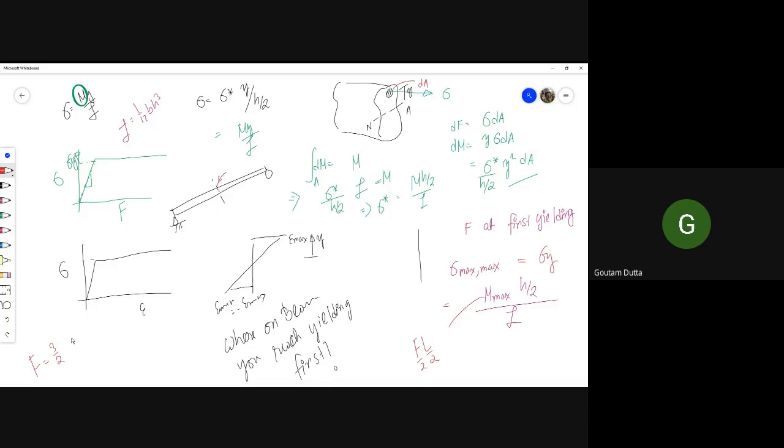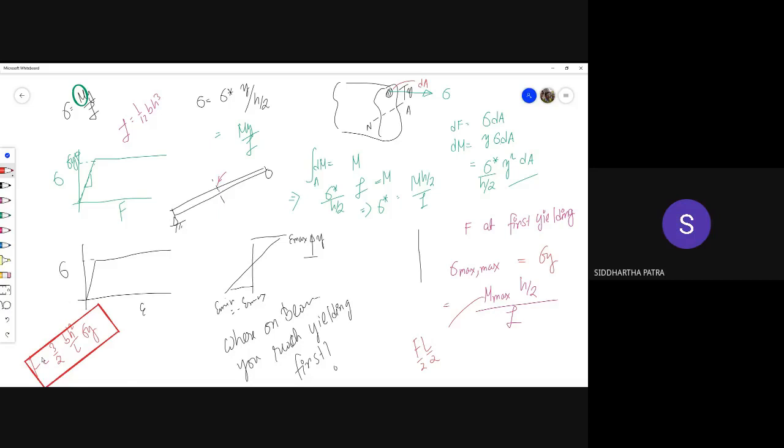Then BH square by L, then sigma y. Okay, so make a note of this expression.